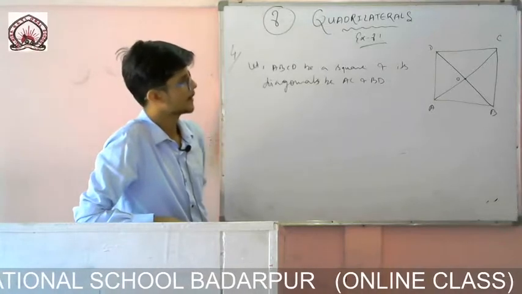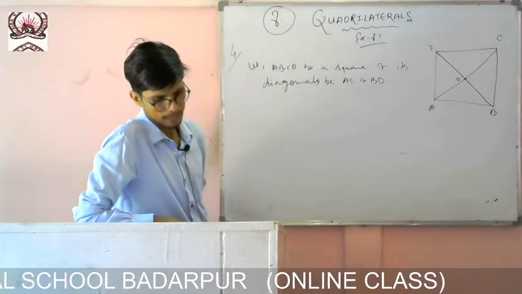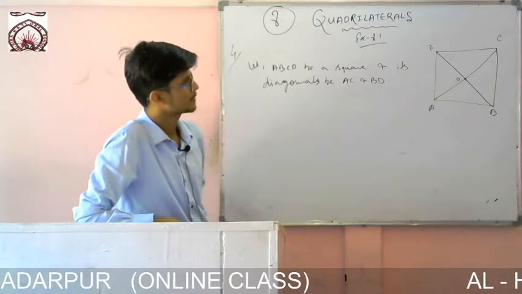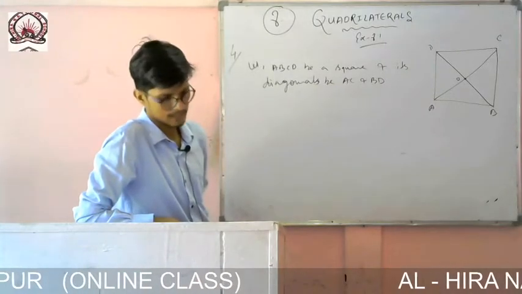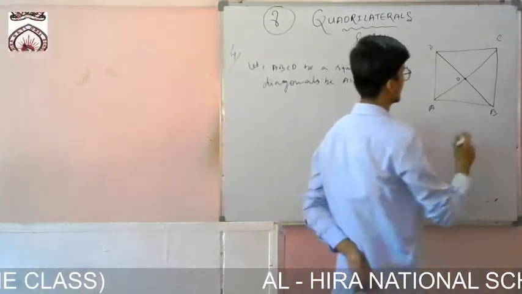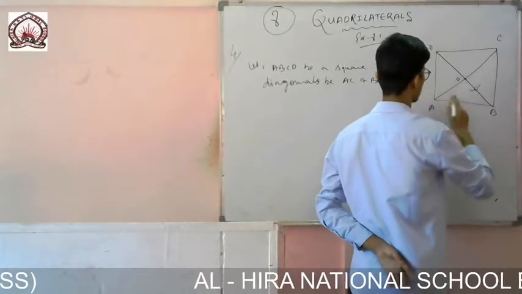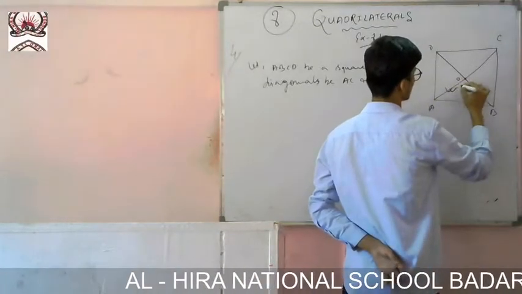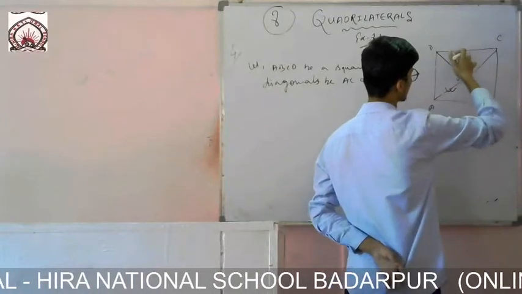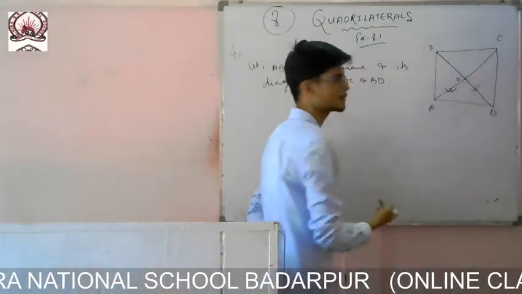For that, I'll take two triangles. Let me take triangle ABC and triangle ABD. If I can show that these two triangles are congruent, then I can show that this side is equal to that one by congruency.